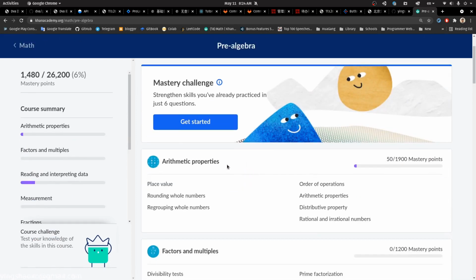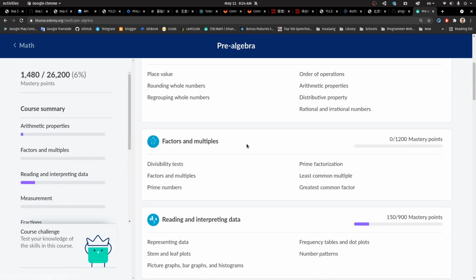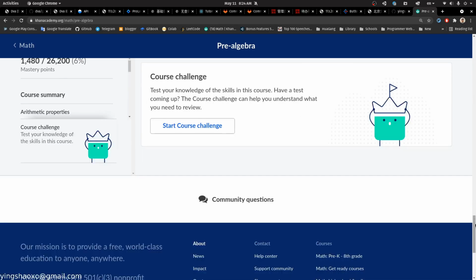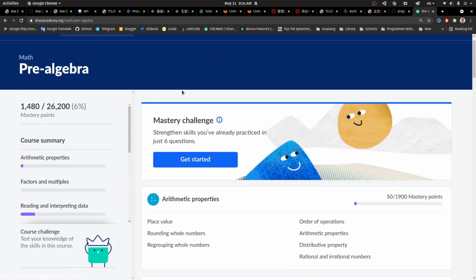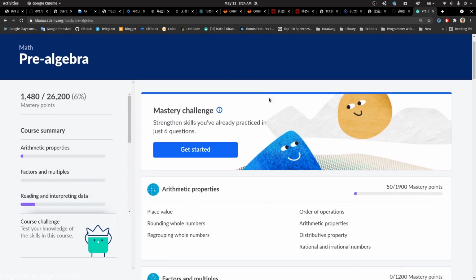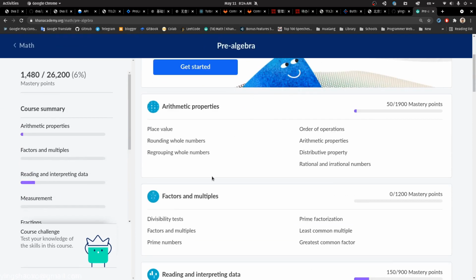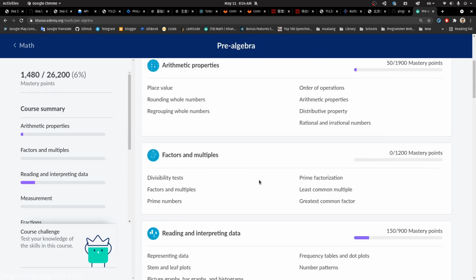Actually, we have already done this part of learning. So in the next video, we will go to the factors and the multiples, and it will not take long since we have already learned those things in our mother tongue. We have already learned those things before, but for now, all we have to do is to learn it again in the English language.